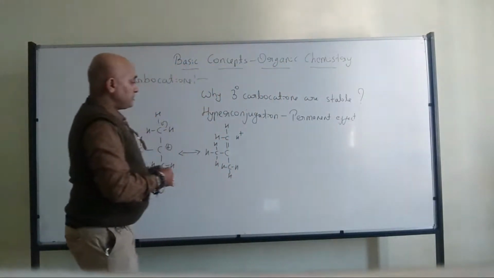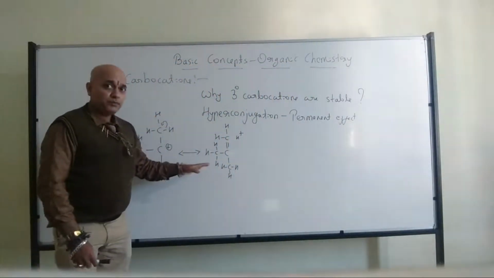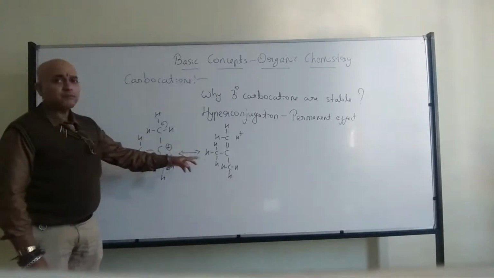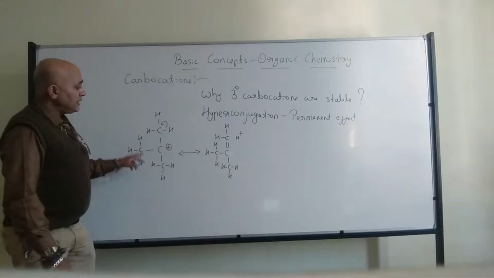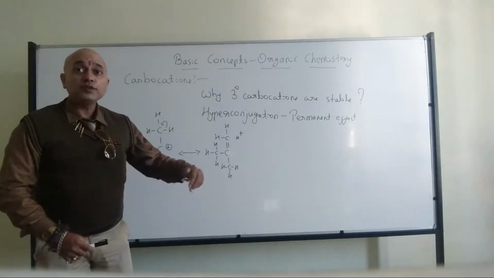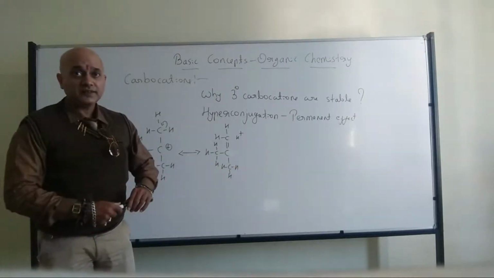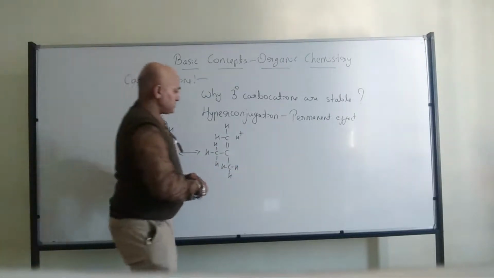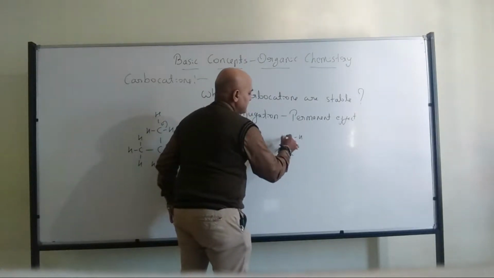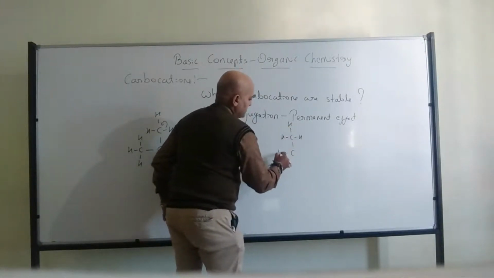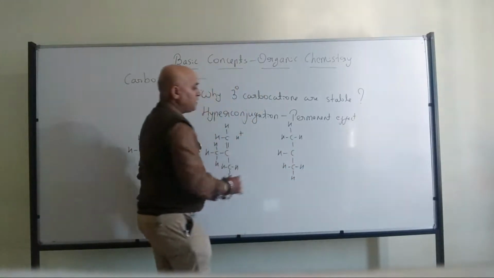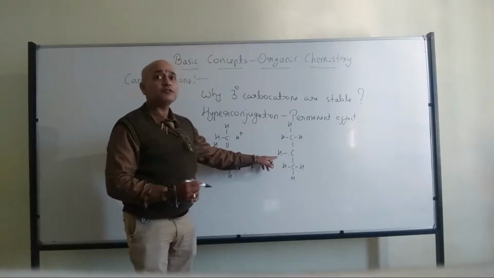Now, if you take tertiary carbocations, they have many options to go for hyperconjugation. But when you go to secondary, one option gets reduced, because in this case only two carbons can do this particular function; another one is hydrogen.